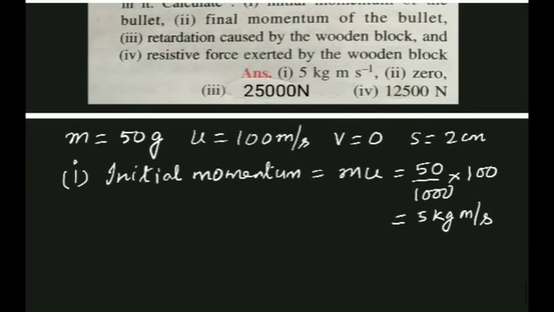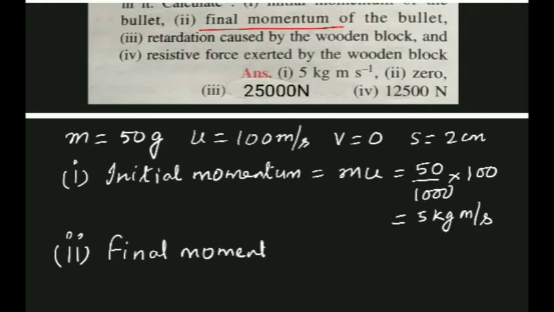Now in second part, what they are asking? Final momentum. So second part, final momentum equals to m into v. So m into 0. No need to put the value of m here, because ultimately your answer will come 0. So 0, or you can write 0 kg meter per second.